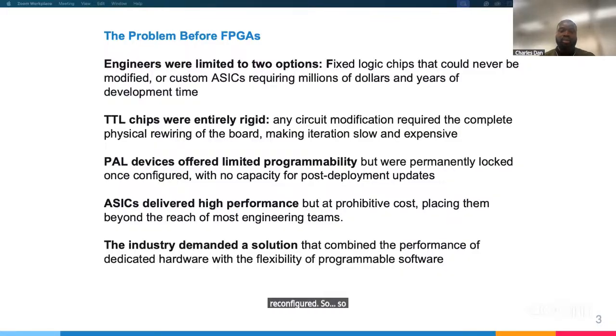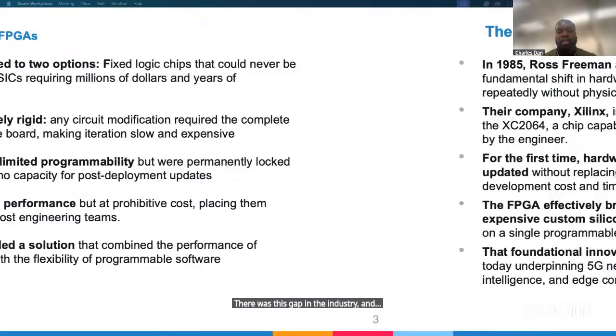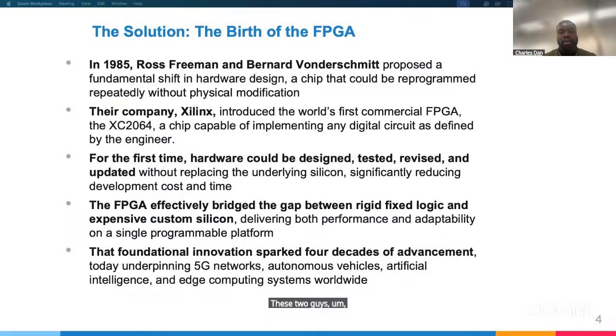So there was this gap in the industry, and these two guys, Ross Freeman and Bernard von der Schmidt, proposed something that sounded almost contradictory: a chip that could be reprogrammed repeatedly without touching the physical silicon.